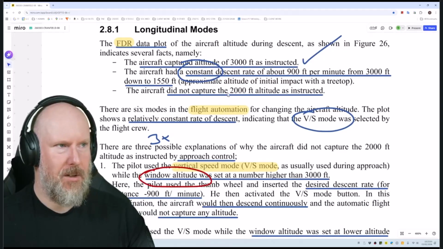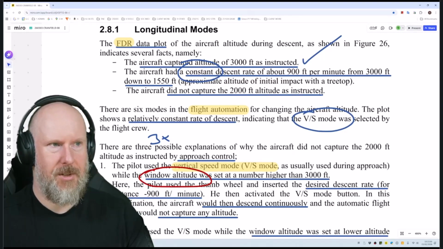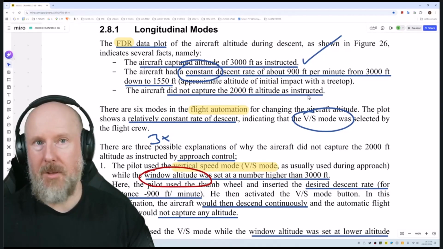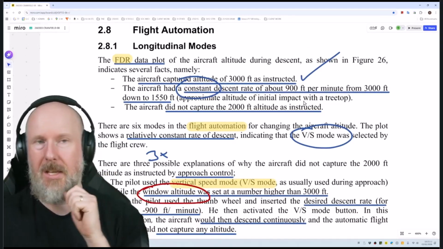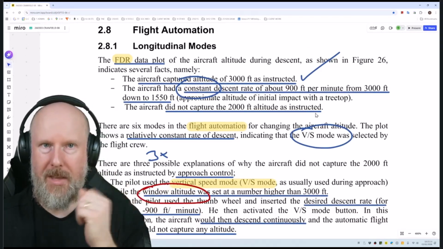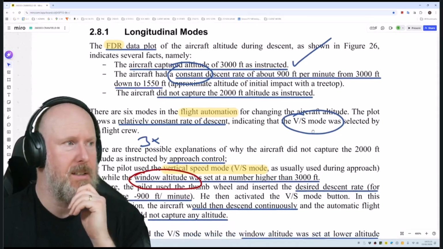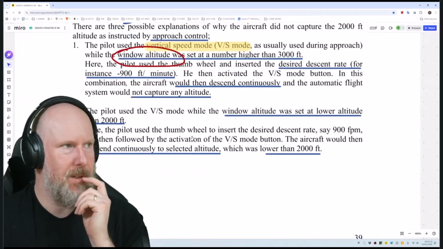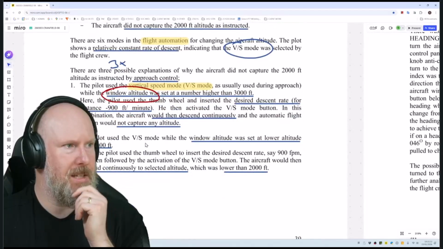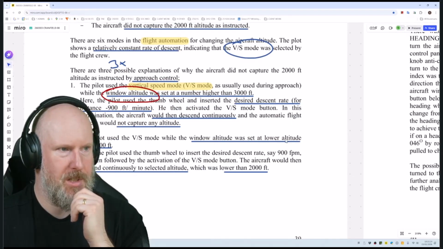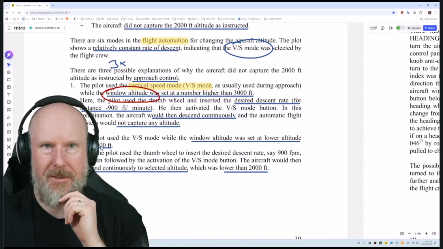Yeah, the aircraft did not capture the 2,000 feet altitude as instructed. Maybe there was a feedback delay in the altitude system or some other issues in that control loop that explains why that is a possibility or not. The next one, the pilot used the vertical speed mode while the altitude was set at a lower altitude than 2,000 feet.